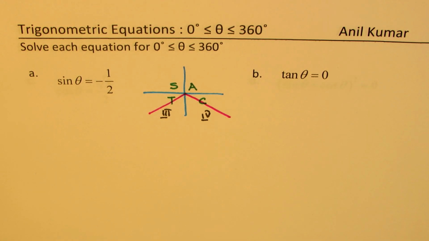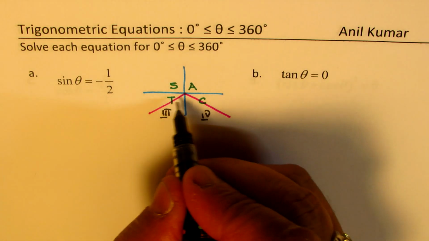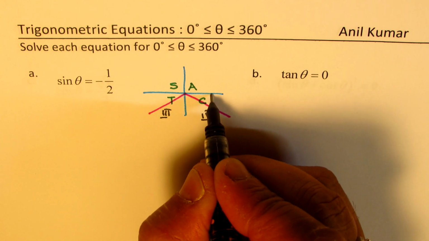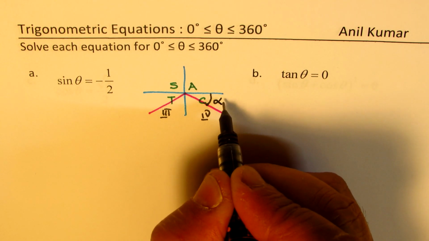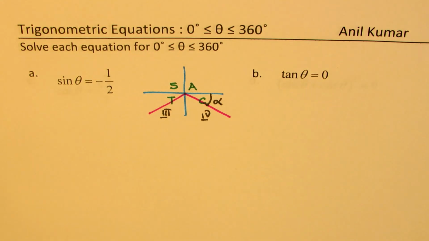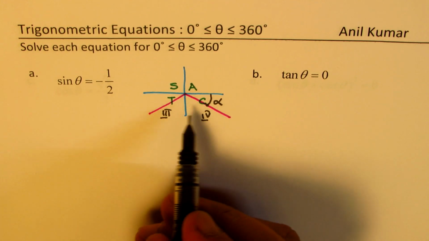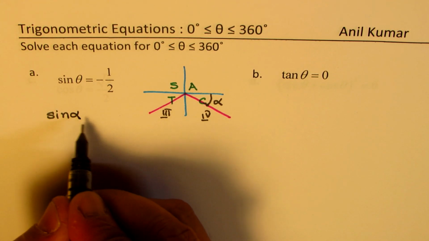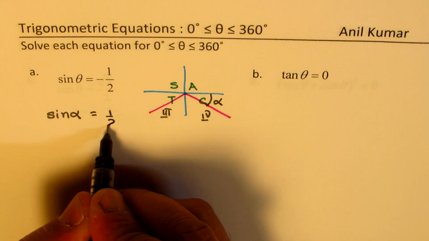Second step is, what we need to figure out is the acute angle, the related acute angle, the angle which it makes with the horizontal. This angle is what we need to figure out. Okay, so we say this, that we have sine of alpha, the acute angle, should be equal to half.